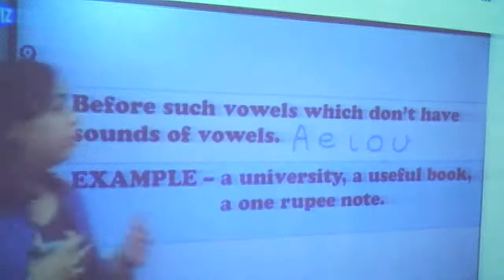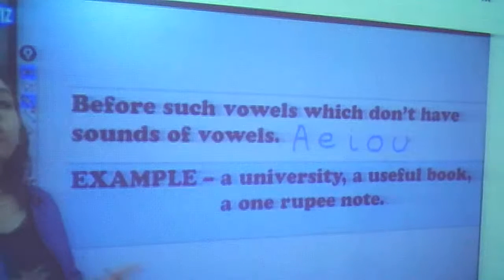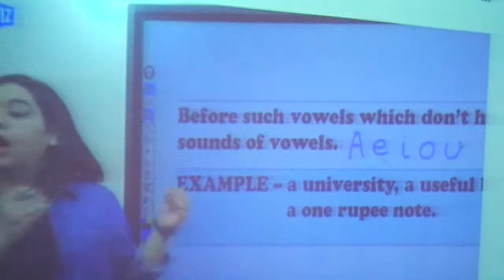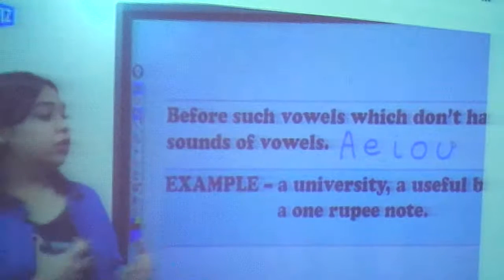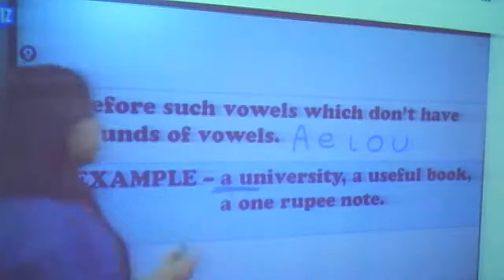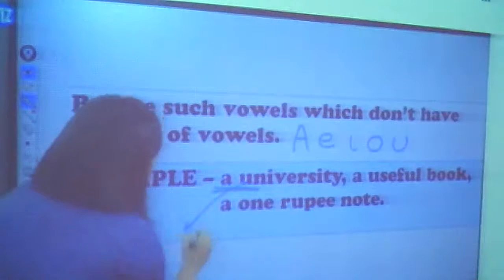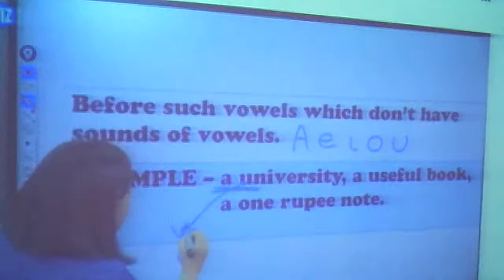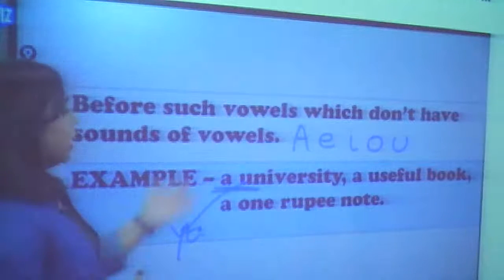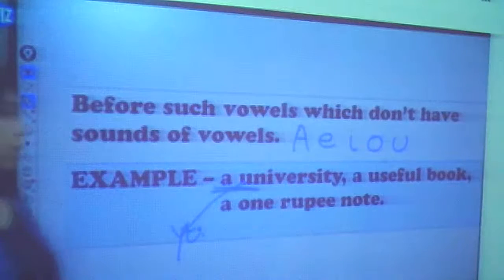Now you will come across words which start with these vowels, but they do not take an with them. For example, we never say an university. You know why? Because this has the sound of 'you'. University doesn't have a vowel sound. So that's why we say a university.